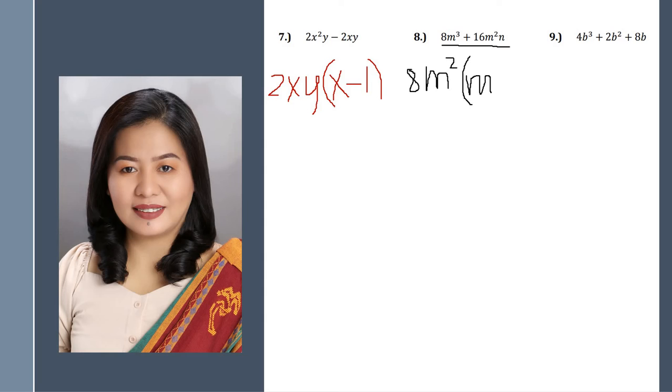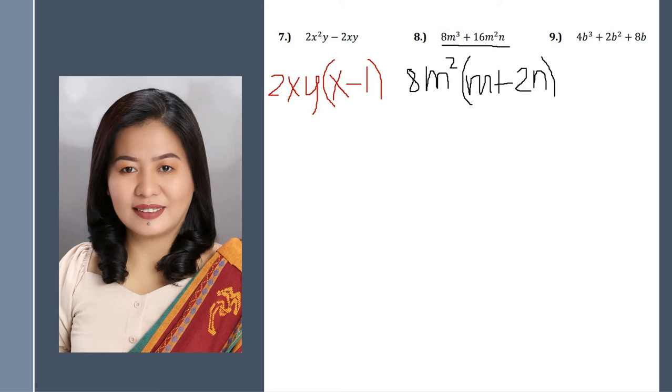So we don't need to write the exponent 1. It's an invisible number for the exponent and also for the numerical coefficient, so we don't need to write it. Plus, copy the operation. 16 divided by 8 is 2, and m squared divided by m squared is 1, and copy the n. So the factors of 8m cubed plus 16m squared n are 8m squared times the quantity m plus 2n.